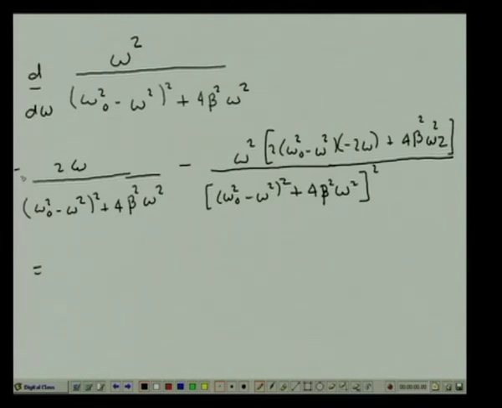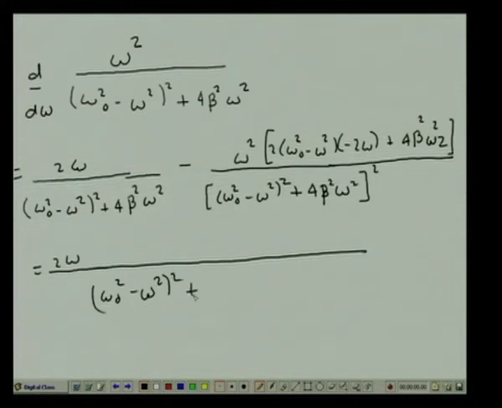There is no minus sign here, this is equal to, I could take 2 omega common here, and in the denominator I have omega naught square minus omega square plus 4 beta square omega square, the whole square. So, I have to multiply this particular term with one factor of this. So, I have taken 2 omega common.